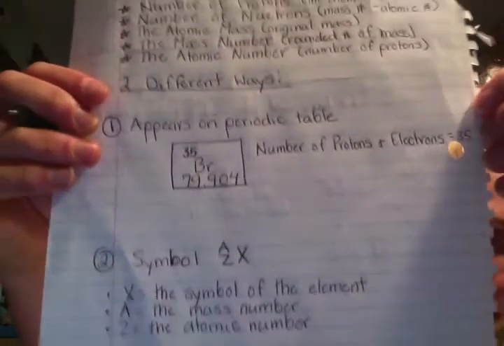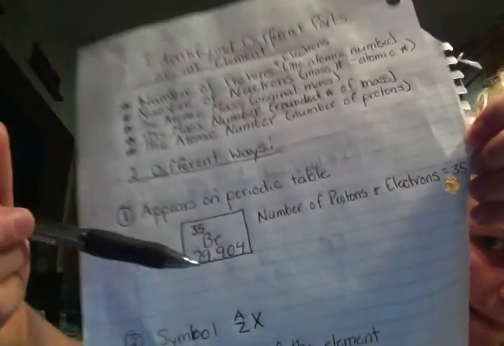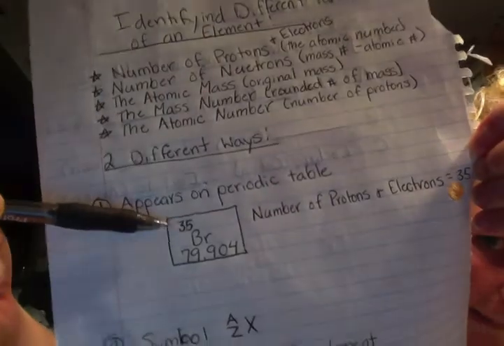And on here, the number of protons and electrons is equal to 35, because that is the atomic number, which is located at the very top right here.